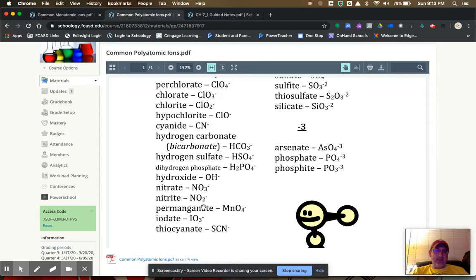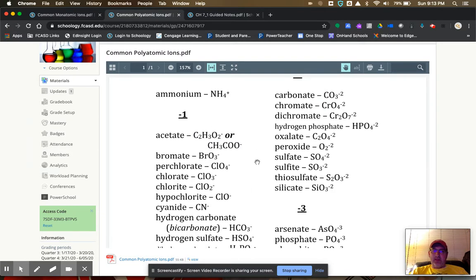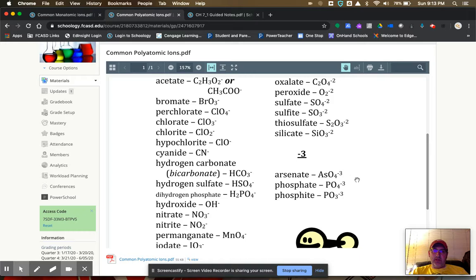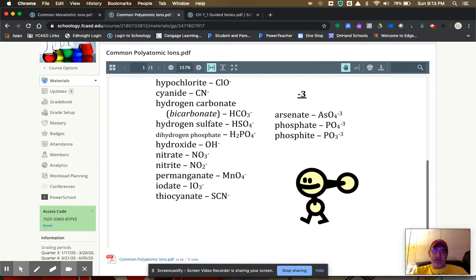There's the nitrate and nitrite we talked about. With the minus 2s, sulfate and sulfite. So sulfate is SO4 minus 2, and sulfite is SO3 minus 2. And then lastly, down here in our minus 3s, you have your phosphate and your phosphite. Phosphate, PO4 minus 3, phosphite, PO3 minus 3.